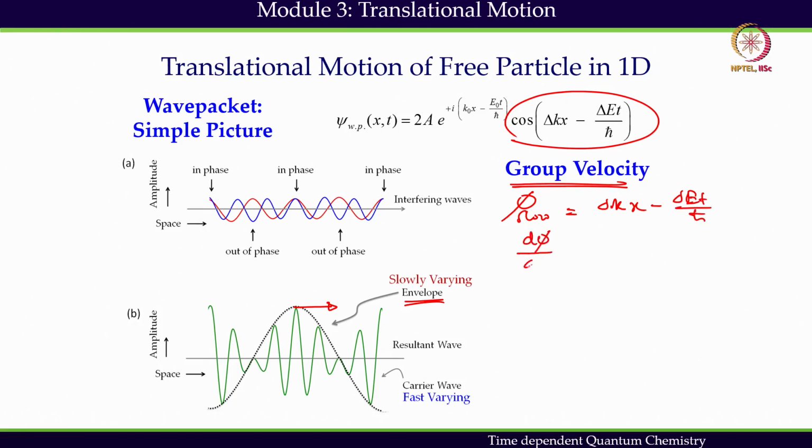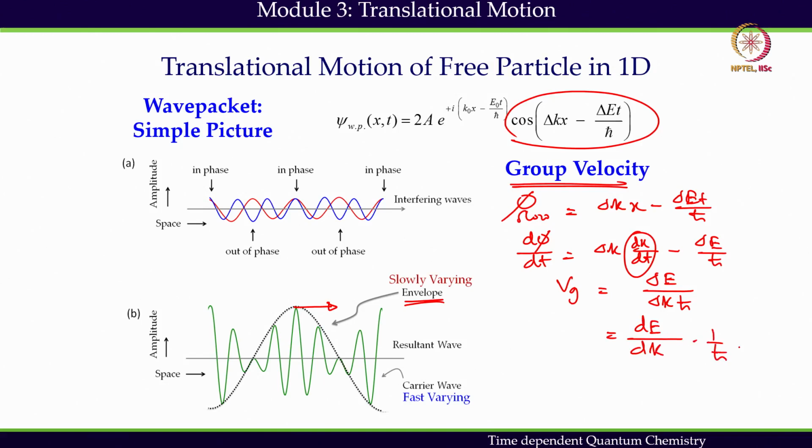So the first derivative is going to be delta k dx/dt minus delta E by h cut, or Vg, the group velocity, is going to be delta E by delta k times 1 by h cut. If I take the infinitesimal variation, then I can write the same equation in derivative form, dE/dk times 1 by h cut. This is the group velocity represented by this equation.